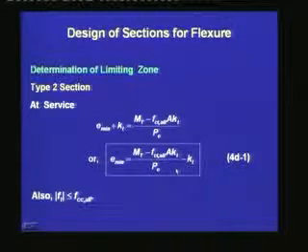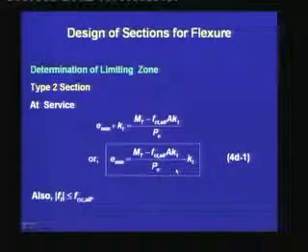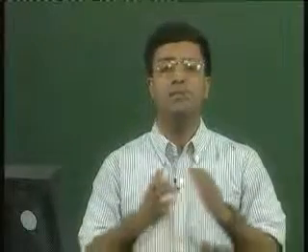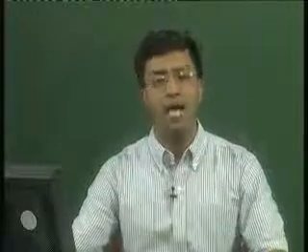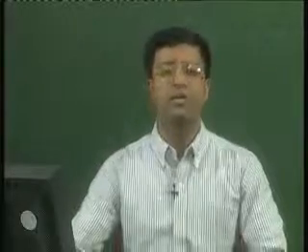What we are saying is a general expression of e min for a type 2 member, which is similar to a type 1 member, just with an extra additional term involving the allowable tensile stress in the concrete.